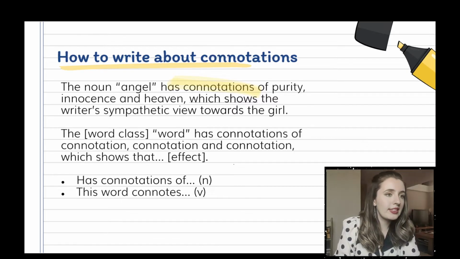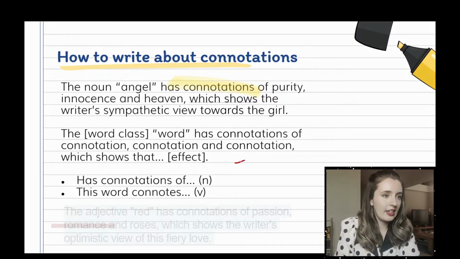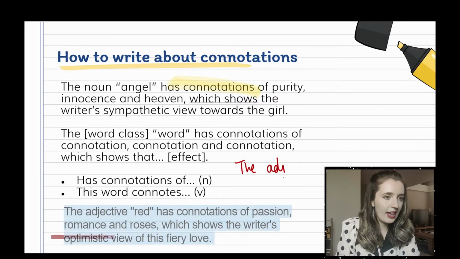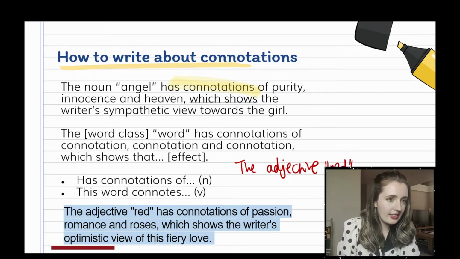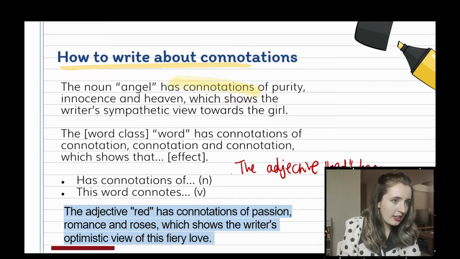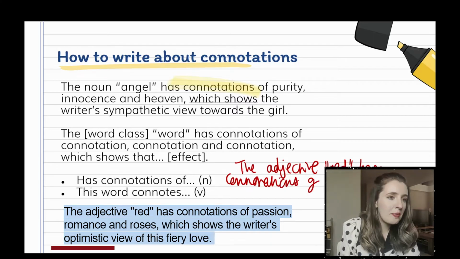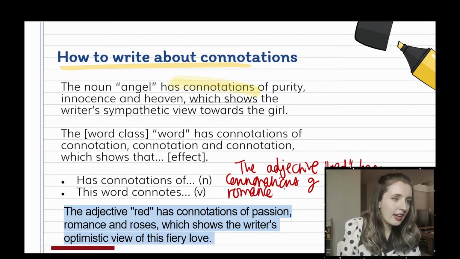So if we were going to say this about red, I would say the adjective, quote, red has connotations of, and what did we say before? Passion, romance, and roses.